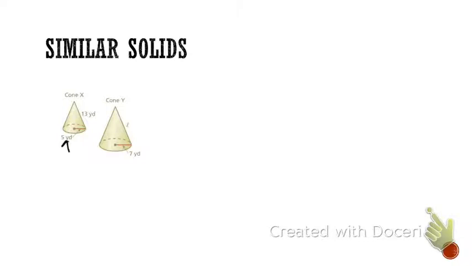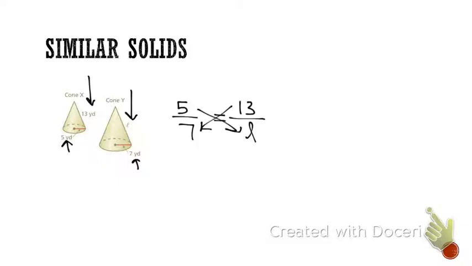I can do radius over radius, 5/7, equals, I've got to start on the same cone, slant height over slant height, 13/L.